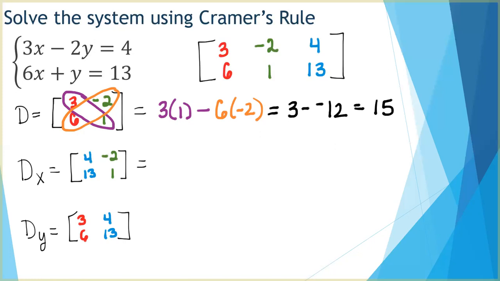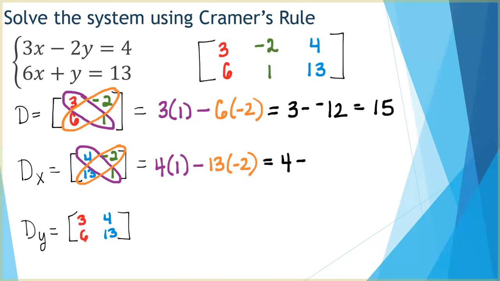So now let's find the determinant for our X matrix. For my X matrix, I'm multiplying 4 times 1 minus 13 times -2. So that would be 4 minus -26, which is 30.